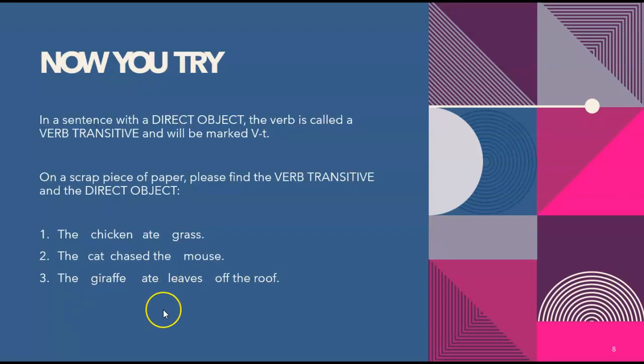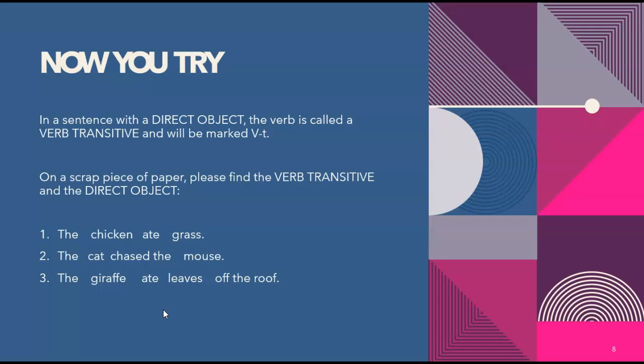All right, now I want you to try. In a sentence with a direct object, the verb is called a verb transitive and will be marked with the VT. On a scrap sheet of paper, please find the verb transitive and the direct object. You can actually use the whiteboards if you want to grab those, but hit pause on the video and go grab your scrap piece of paper or your whiteboard.